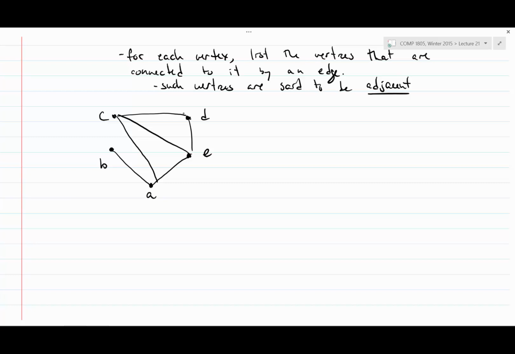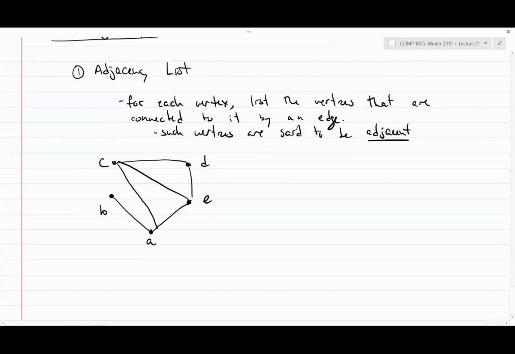I'd like to make an adjacency list for it. So I list each vertex, because it says for each vertex: A, B, C, D, and E. Now for each one, I'll list the vertices that are beside it.